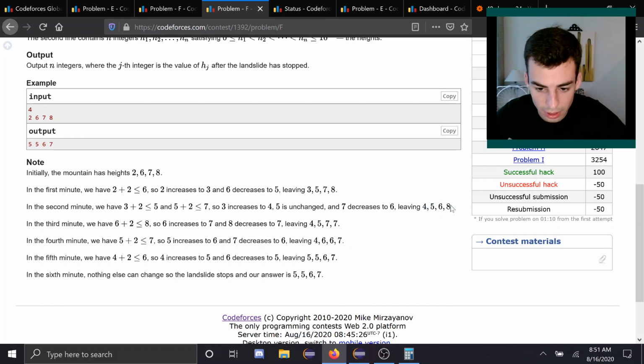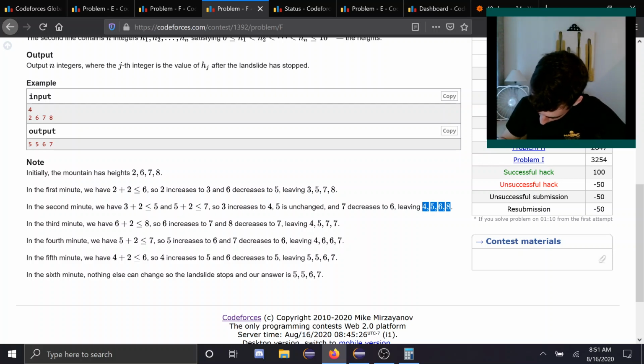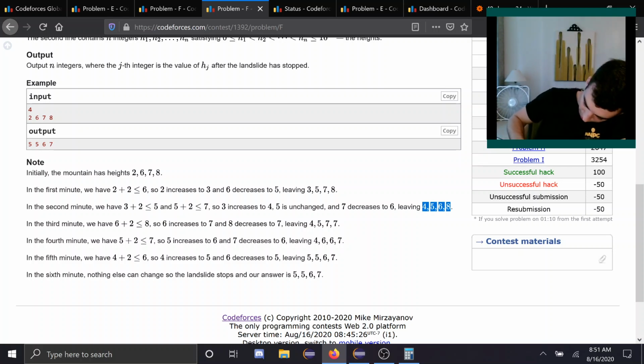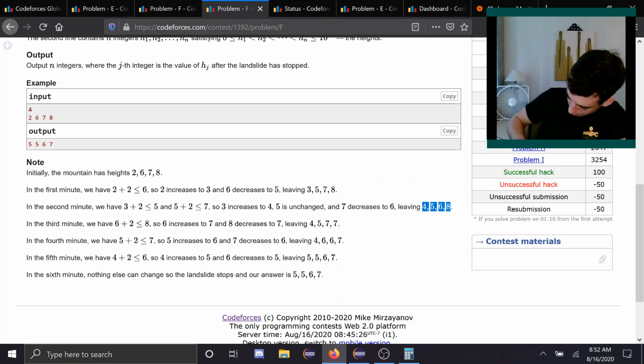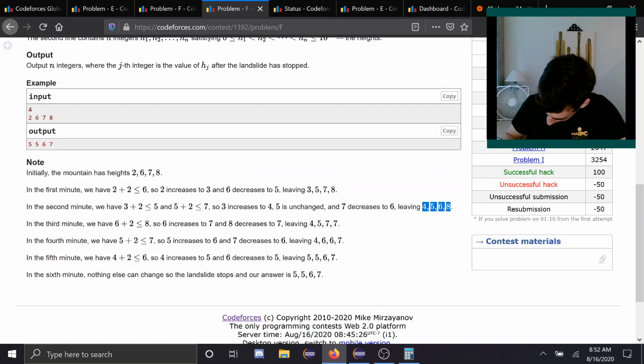Four, 5, 6, 8? Yeah, okay. Right. 4, 5, 7. Six? Yeah, this should be a 4. That's the problem. It should also be 4s. Also need a 4.